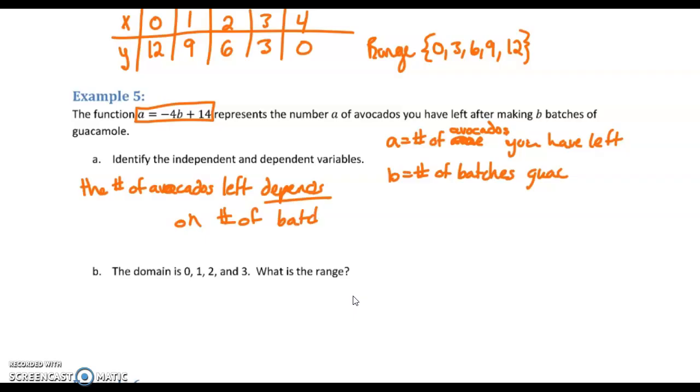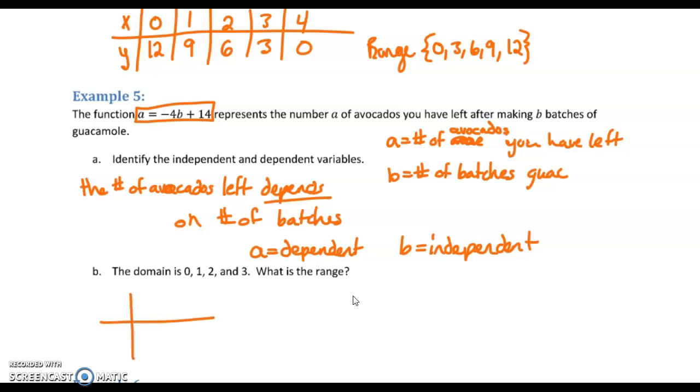So if you make more batches, you have fewer avocados. So that means avocados is dependent. So A is dependent on B. So B is independent. The number of avocados you have left depends on how many batches you make. That's why avocados is dependent.